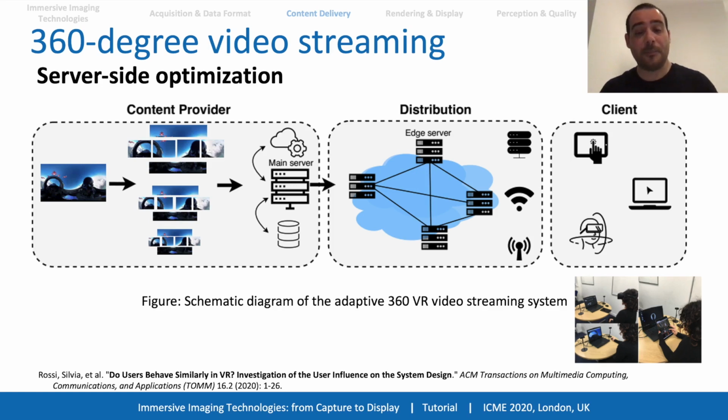With this system, 360-degree video streaming can be optimized at the server side in order to achieve high-quality video streaming service.